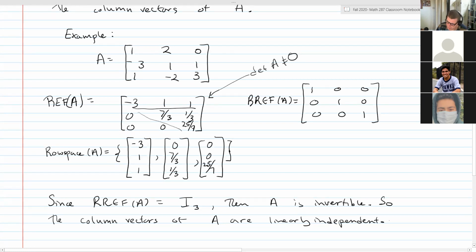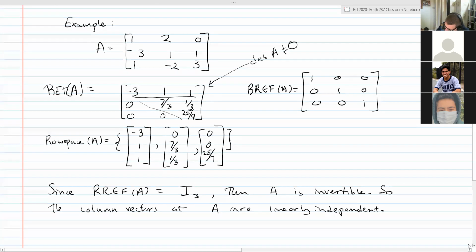So the column vectors of A are linearly independent, right? And because the column vectors of A are linearly independent, thus the column vectors form a basis. Okay, so they form a basis because they're linearly independent.